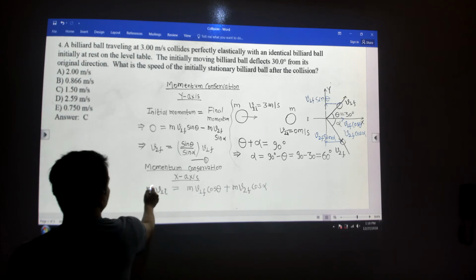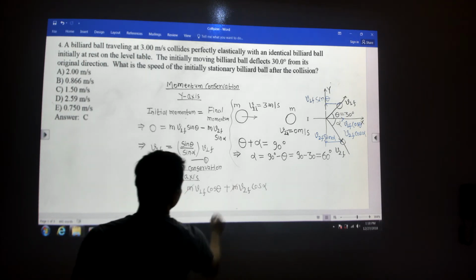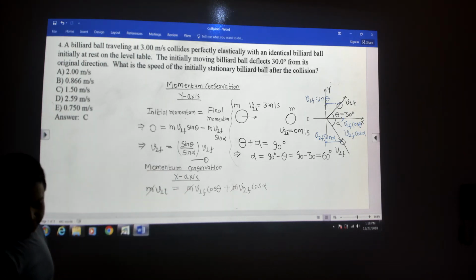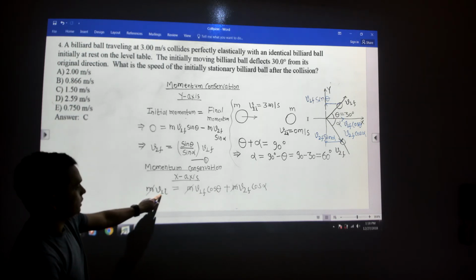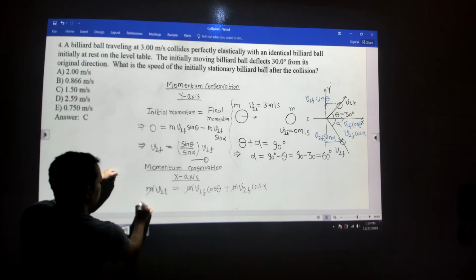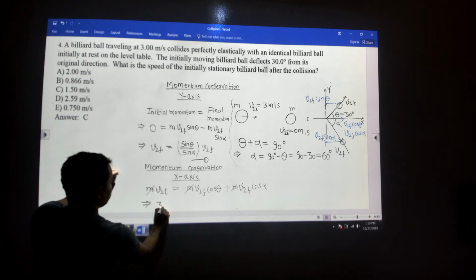So the mass cancels out, and we have to solve for V2F. We know this velocity is 3 meters per second.